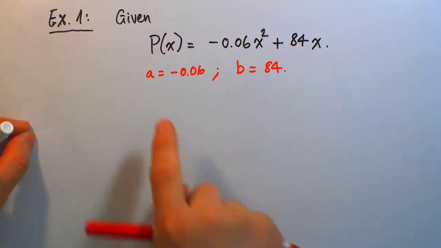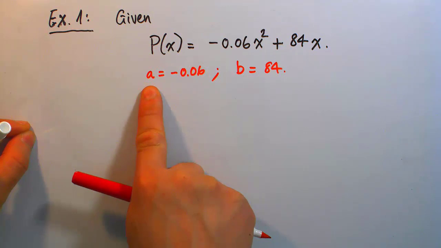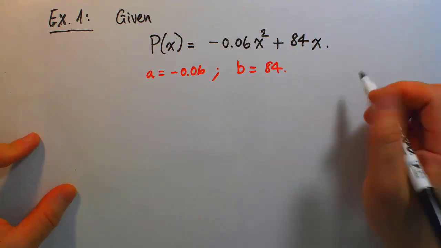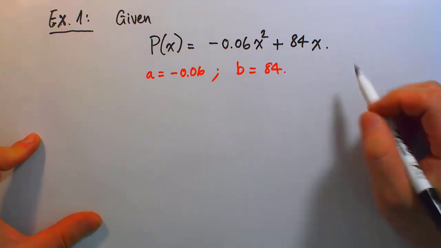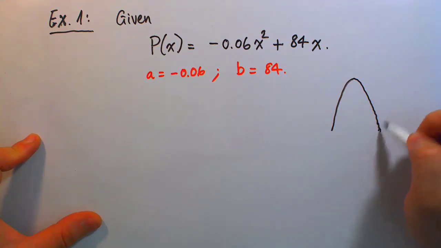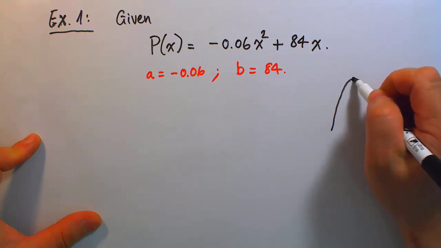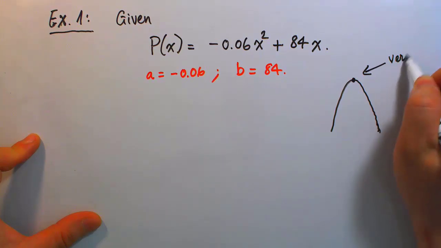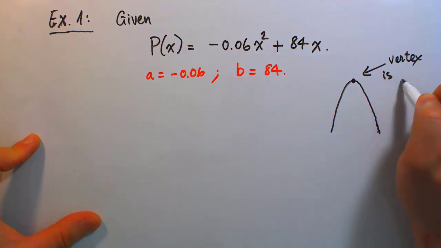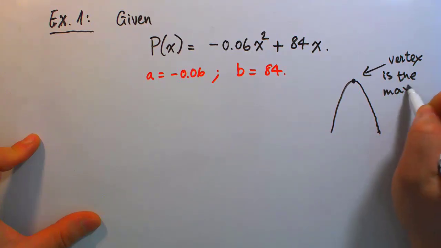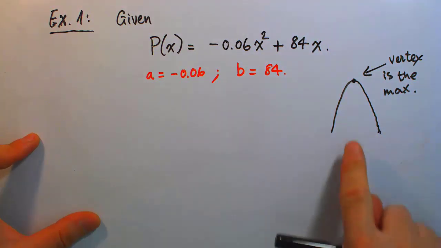Immediately finding out that the quadratic coefficient is a negative value, we should have some expectation in mind that this quadratic must have a graph that is a parabola pointing down, and the vertex would have to be the maximum value, the maximum.